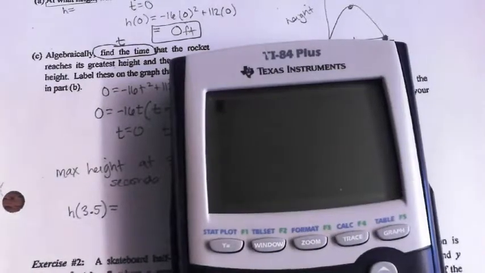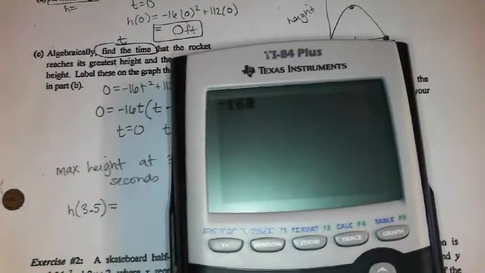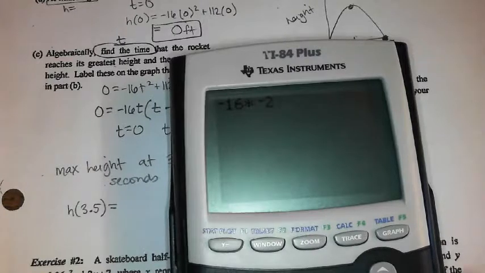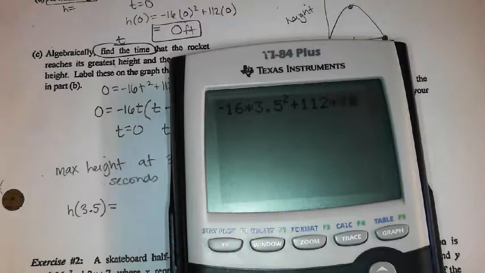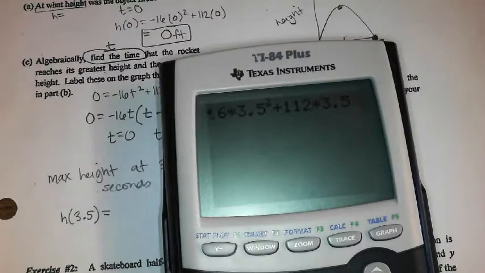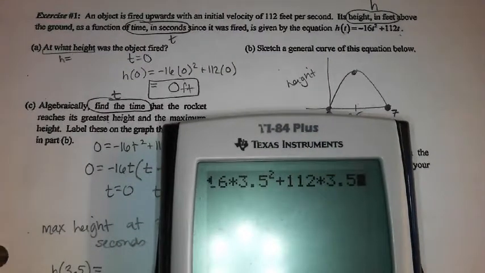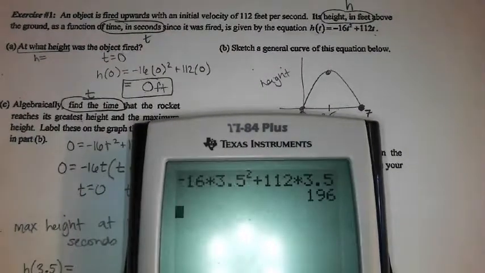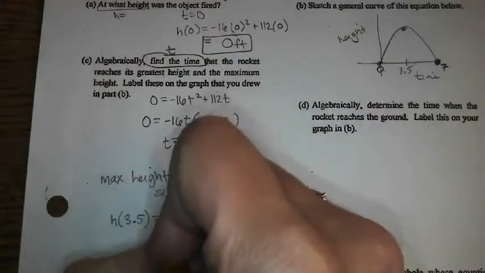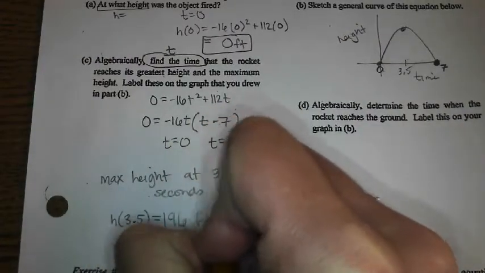Negative 16 times 3.5 squared plus 112 times 3.5. I can type that all in one shot. Negative 16 times 3.5 squared plus 112 times 3.5, 196 feet.